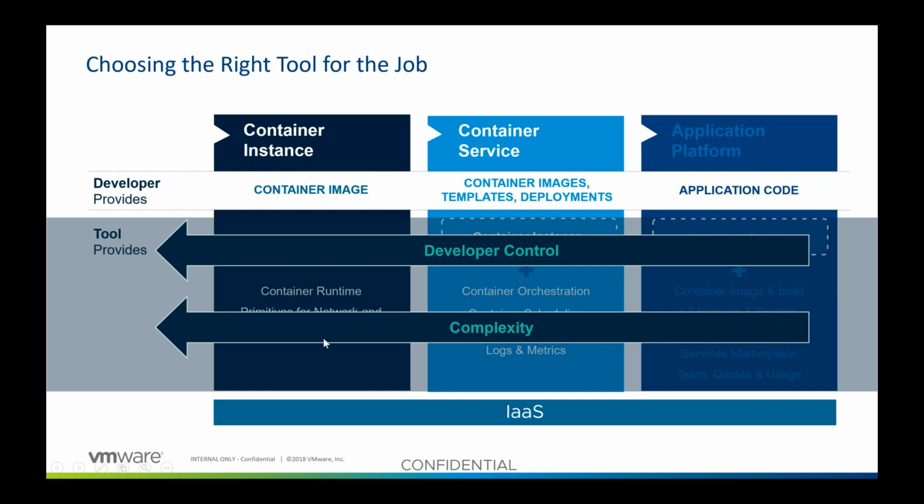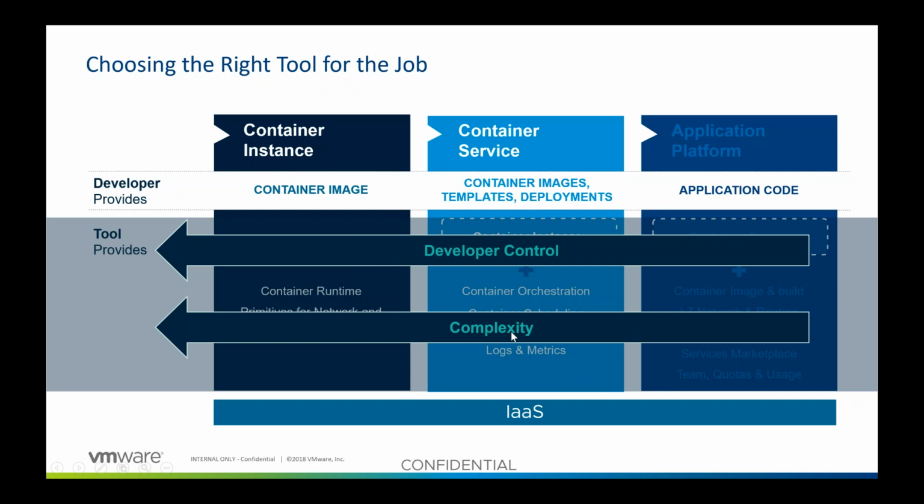So with a single container runtime, a developer would need to do a lot to get the application up and running besides just deploying the containers, meaning providing access, routing, et cetera. The more you go toward less developer control, meaning a solution that does everything for you, the more complexity there is on the underlying infrastructure.